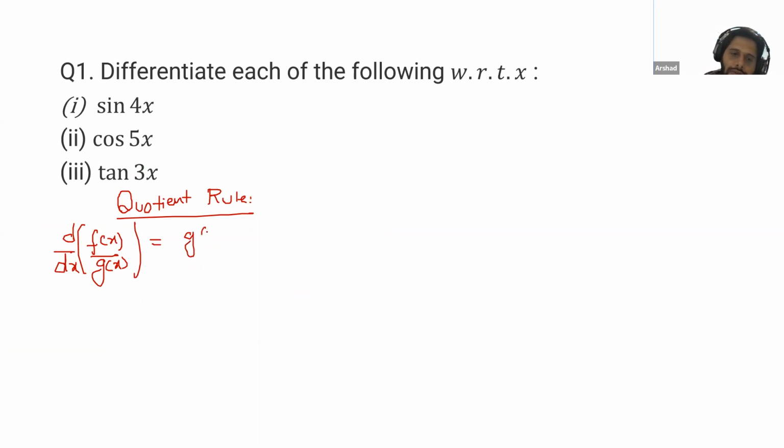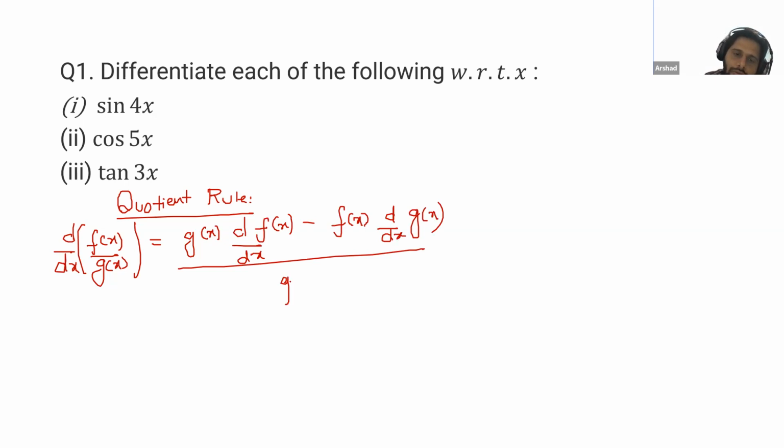We will write gx here, then differentiate the first function, the numerator. After that, put a negative sign, write fx, differentiate the gx, and in the denominator, do the whole square.